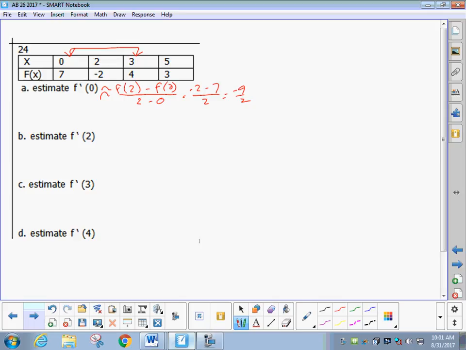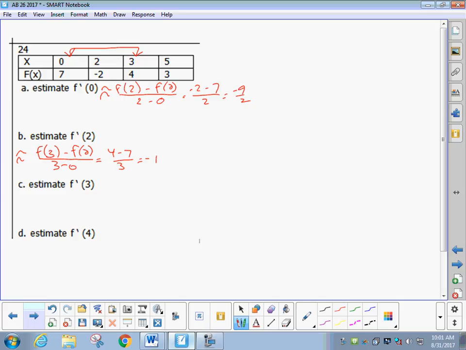Now, if you use points on either side, that's the symmetric definition of doing it. It's when you, rather than use the point you want, you use a point on either side. If I did that, then I'd be saying the slope of 2 is like the slope between the points around it, and that then is where you would get 4 minus 7 over 3, or -1.